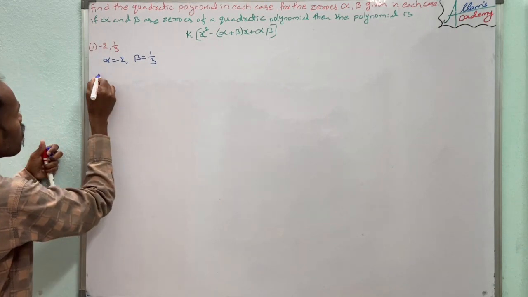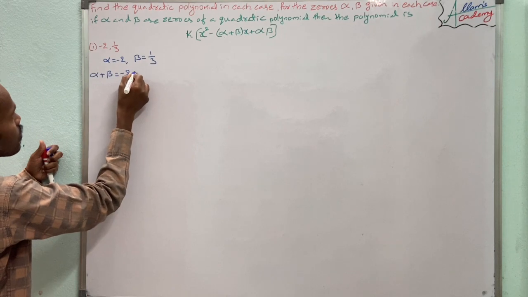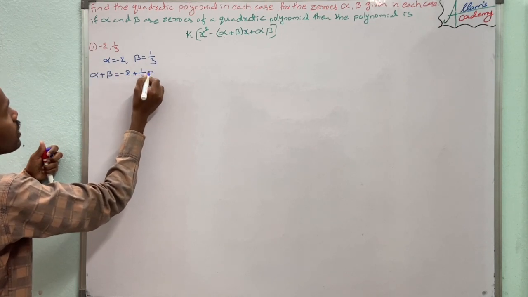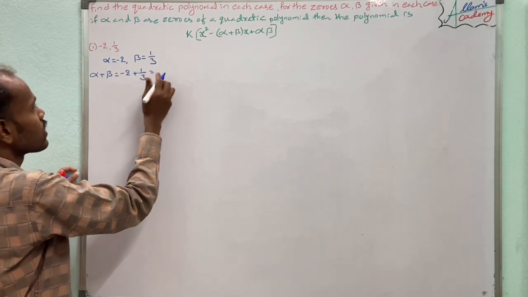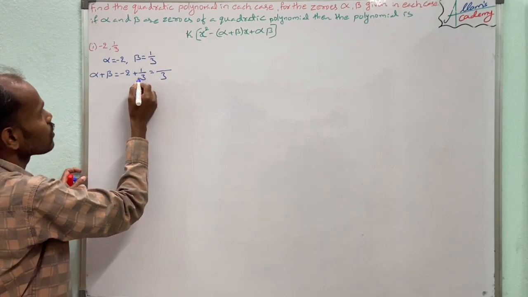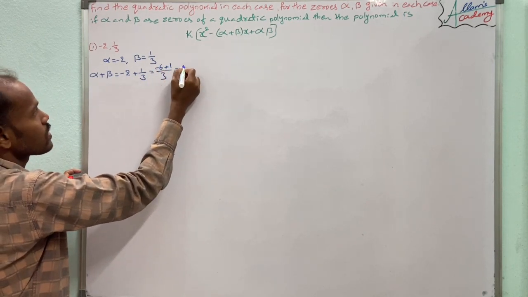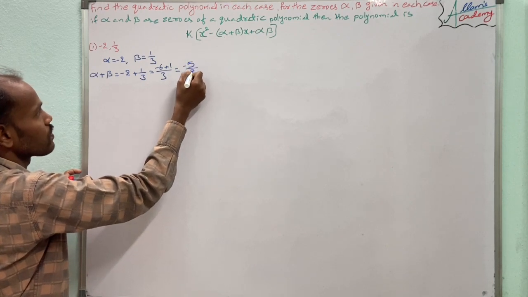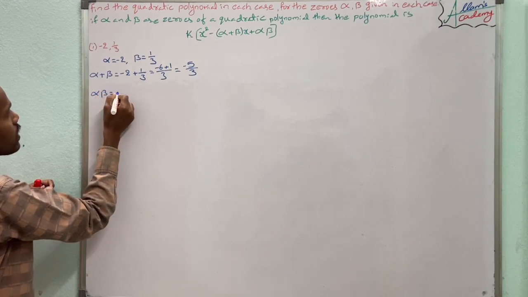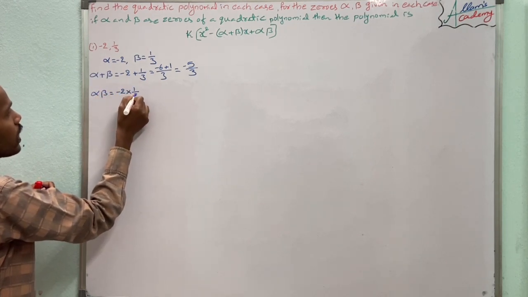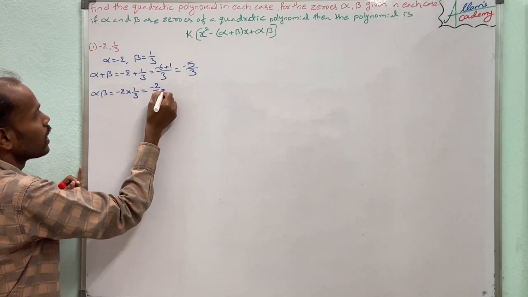First finding alpha plus beta, the sum of the zeros: alpha plus beta equals minus 2 plus 1/3. Here minus 2 has denominator 1, so the LCM is 3. So 3 into minus 2 is minus 6, plus 1, which is nothing but minus 5/3. Next alpha beta, that means minus 2 into 1/3. Minus 2 ones are minus 2, so minus 2/3.